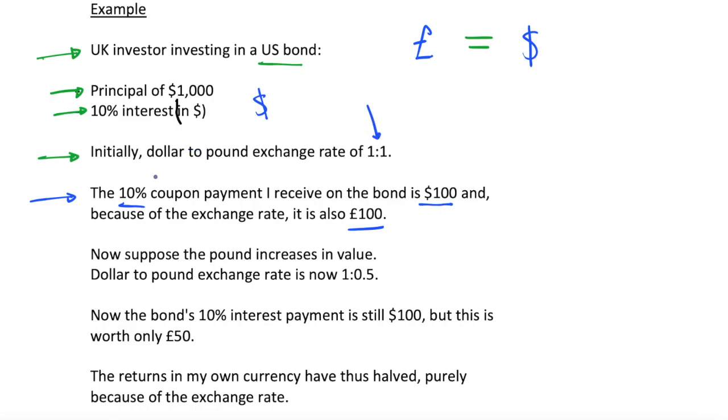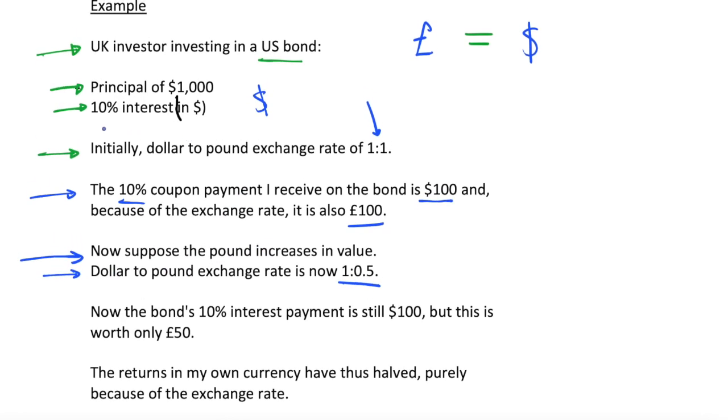So that's easy enough. However, let's consider that the pound increases in value and we have a change in our exchange rate. And again, for simplicity, let's say that the dollar to pound exchange rate is 1 to 0.5, so the pound just doubles in value. And this again is a bit of an over-exaggeration. We won't tend to see this happening, but it should just help to illustrate our point.